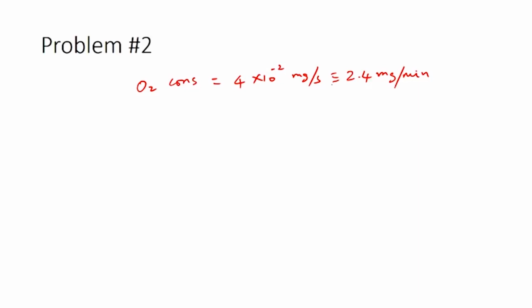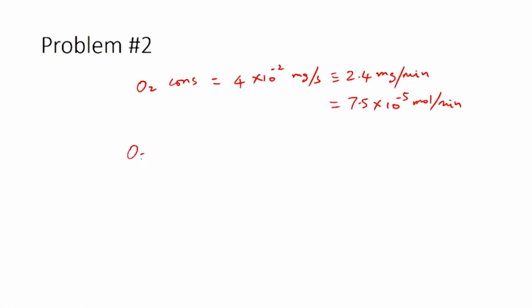We can convert the rate of consumption of oxygen in terms of mass to moles by using the molecular weight, which would be equal to 7.5 times 10 power minus 5 moles per minute. So, we are converting milligrams to grams and then converting grams to moles. This is the number of moles of oxygen consumed.